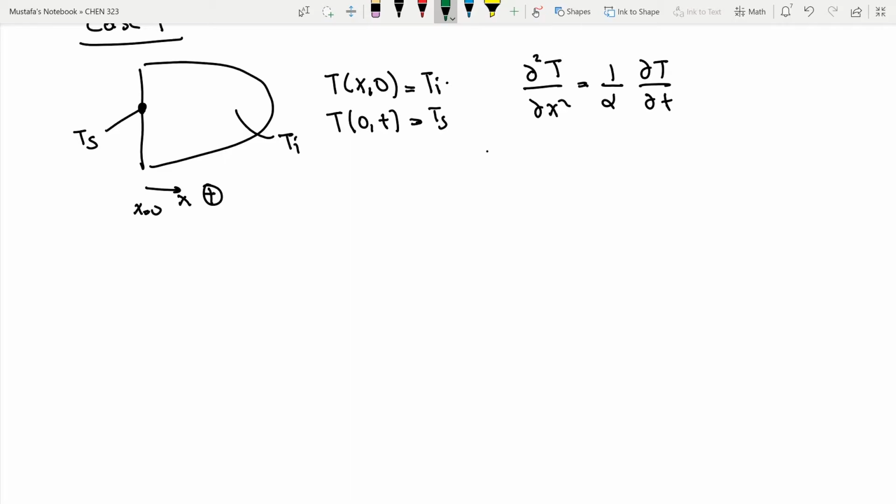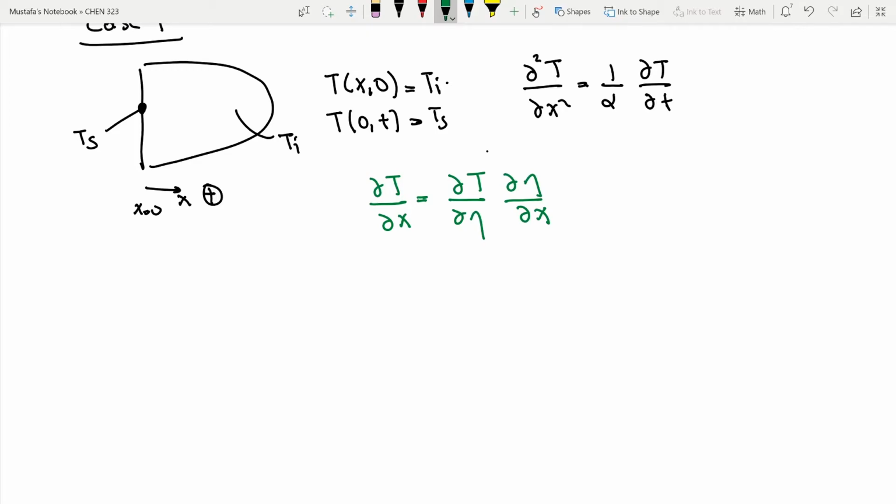So we have dT by dx. If you apply the chain rule here, we have dT by d eta and d eta by dx. Okay, so you can see these two terms cancel and you will get dT by dx.